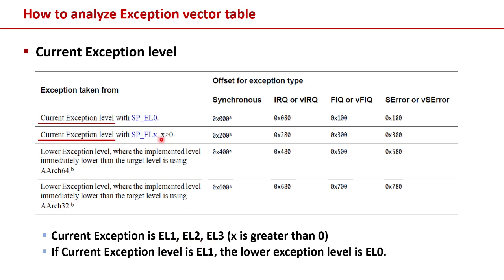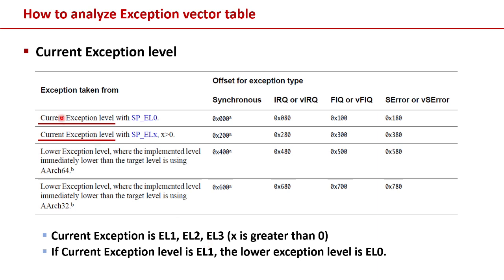The reason is that x is greater than 0. So this means that the current exception level cannot be exception level 0. That's why I specify that the current exception level can be exception level 1, 2, or 3.